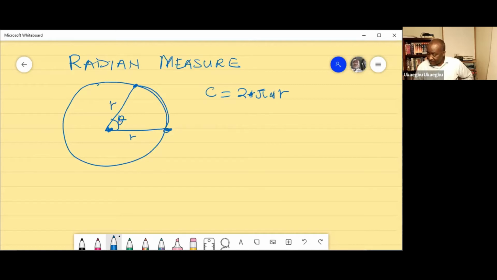Now the same person who started here, if he goes round and comes back to where they started, it means they have covered 360 degrees, if you are measuring the angle. Now, how do you get this 360 degrees?